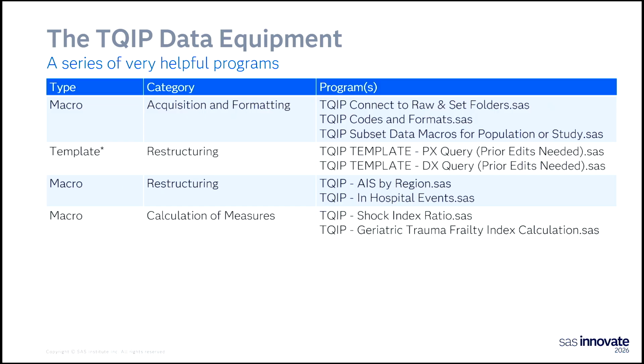Different places can code in different billing codes like ICD-9 and 10. TQIP does usually use ICD-10, but they're known for changing things. And so this code is intentionally meant to be edited. And the code itself does tell you all the places that you would need to make edits.